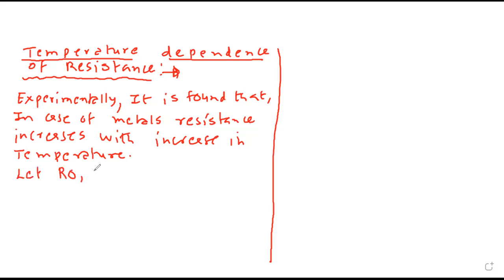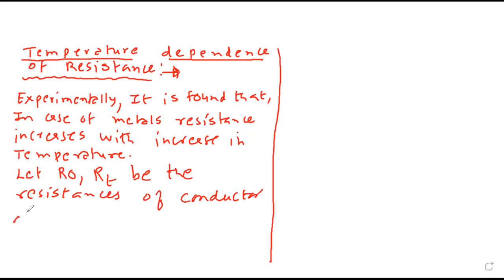Let R0 and RT be the resistances of a conductor at 0 degrees Celsius and T degrees Celsius respectively.